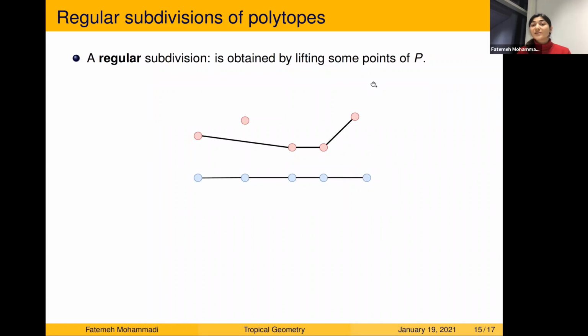Then I took the lower envelope of these, the convex hull of these, and I project them back here. And then what I see is that that induces a subdivision of my original polytope into 3 little line segments, right? So that's a regular subdivision.